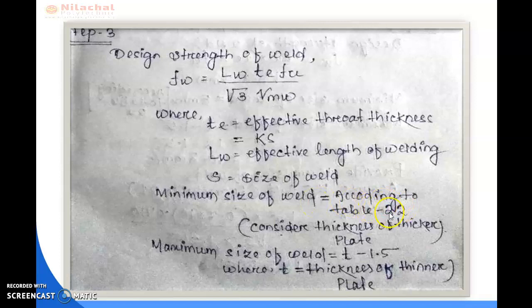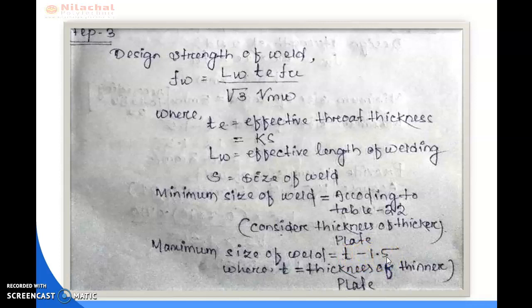Okay. Then the maximum size of the weld depends on the thickness of the thinner plate. That means of the two plates to which you have to provide the welding, whichever has the thinner thickness, you take that value and deduct 1.5 from the thickness.